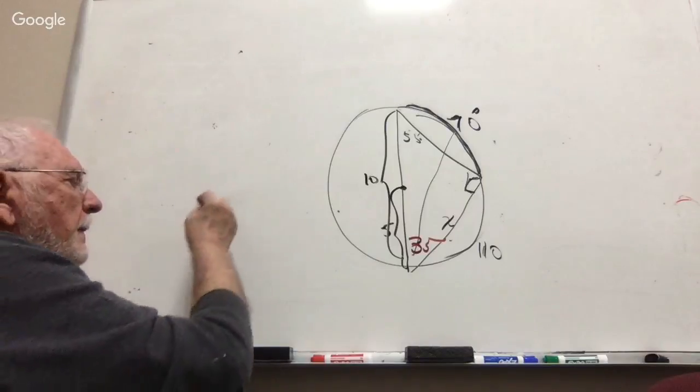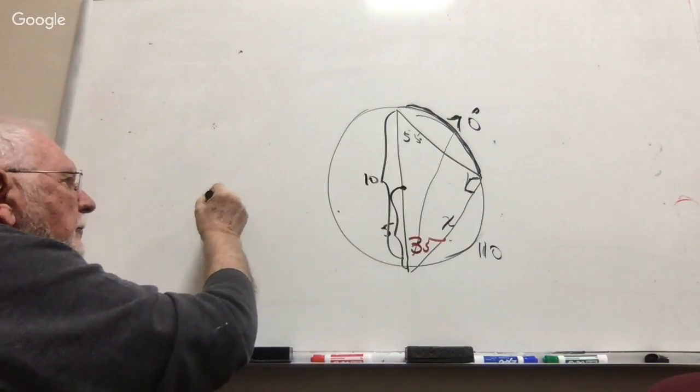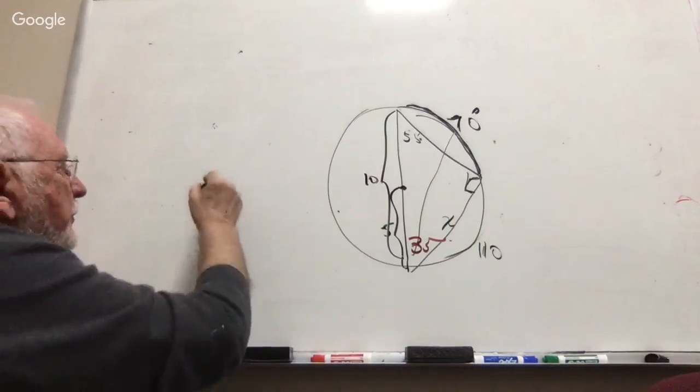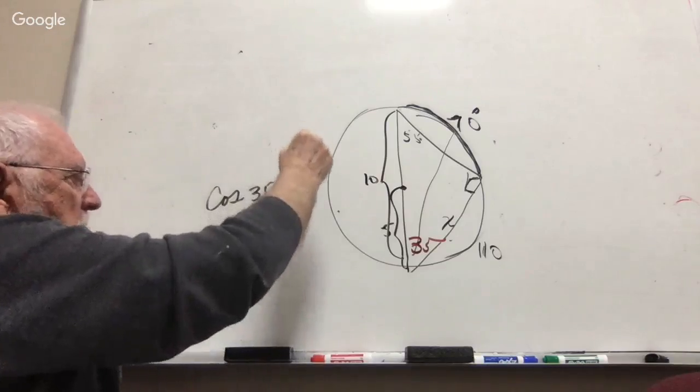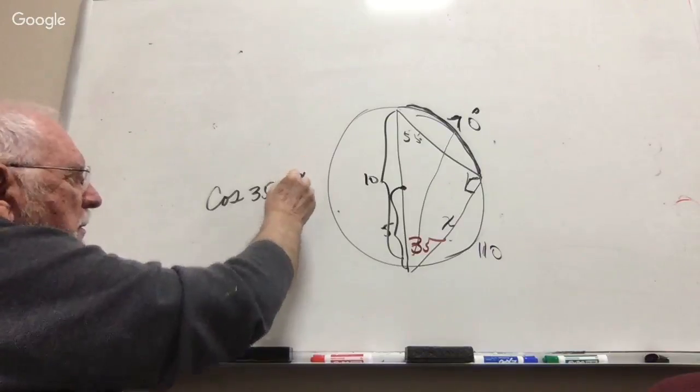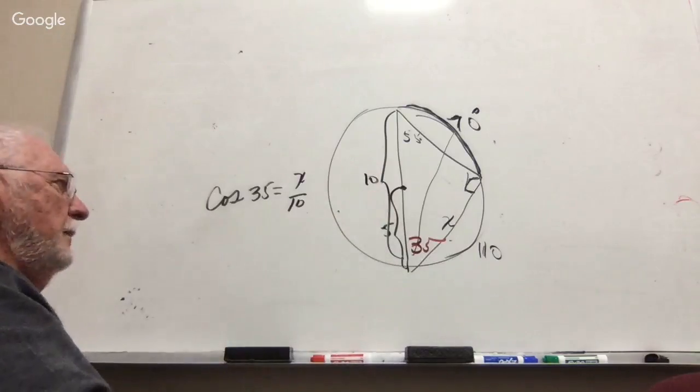Okay. So the cosine of 35 degrees equals X over 10, isn't it? Oh yeah, I'm sorry. Adjacent divided by hypotenuse.